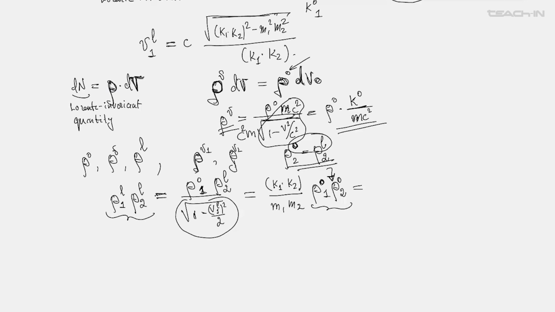I divide by M1, M2, and then I multiply it by M1, M2, divided by K01, K02, multiplied with rho 1v, rho 2v.